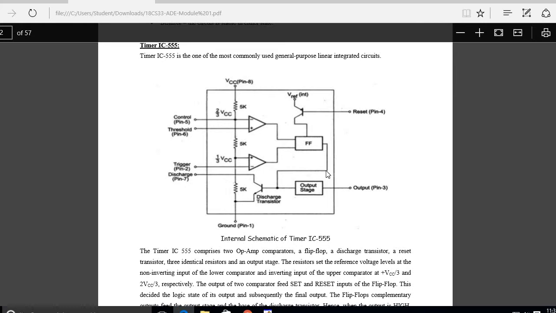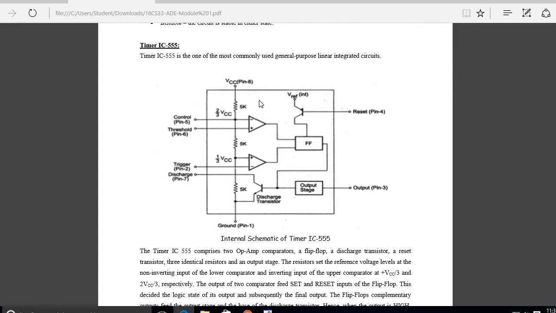See here, once again I will explain this. It consists of two operational amplifiers, which I need to call comparators, and two transistors, one discharge transistor and one reset transistor, and one flip-flop. What I am doing here is giving two supply voltages, to the lower comparator and the higher comparator. 1/3 VCC I am giving to the non-inverting input of the lower comparator, and 2/3 VCC I am giving to the higher level comparator.